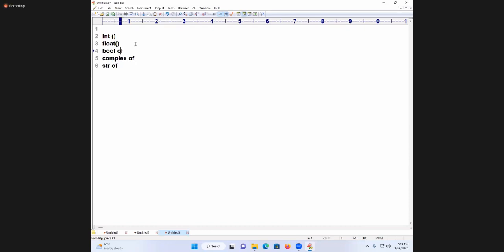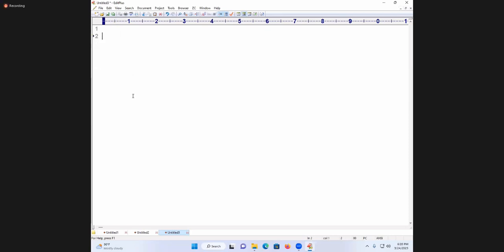So don't write like that, it's very wrong. Dinesh, please correct it yourself and confirm from your side. Are you getting it? When this type of symbolic notation comes, you call it "of": int of, float of, bool of, complex of, str of.